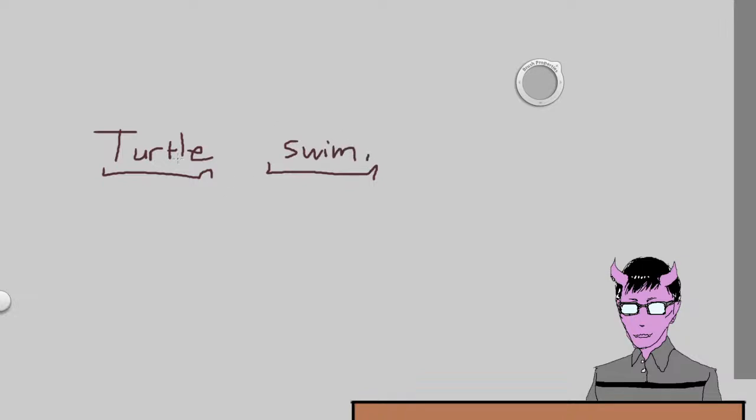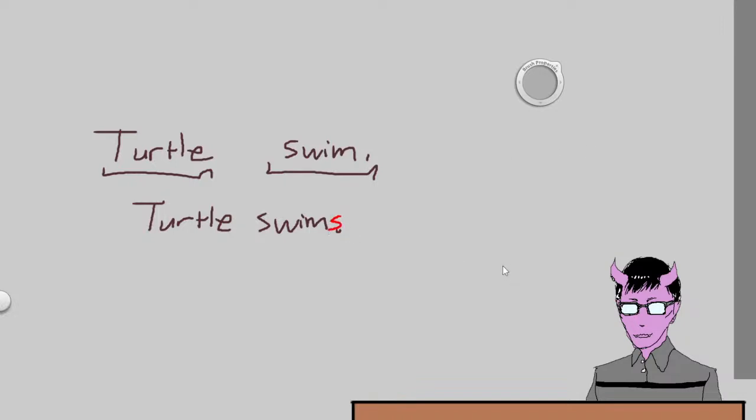So when you put these two together, turtle, swim, it is complete as an idea because the verb swim is intransitive in this situation, and you have an argument for that one. So this is a complete sentence. But unfortunately, it doesn't follow typical rules. You need to put swims right here. And I'm trying to get to why you have to put an S right there. So understand this one needs an S.